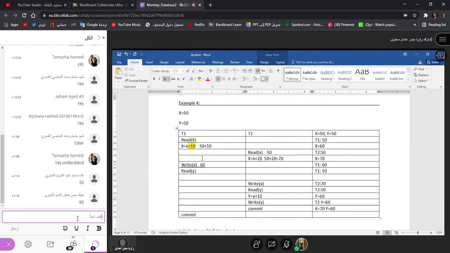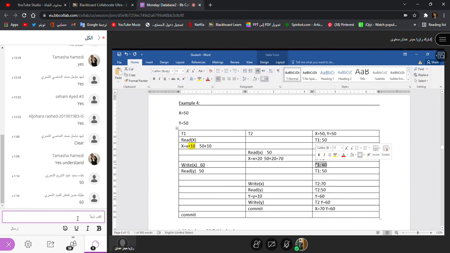It doesn't know that there is some T2, so it will write the 60. First it was 70, but it is not written, remember. And it will write 60. Read y is no problem, it's 50, initial value 50, and again write x here. This write x was 60 in the database.